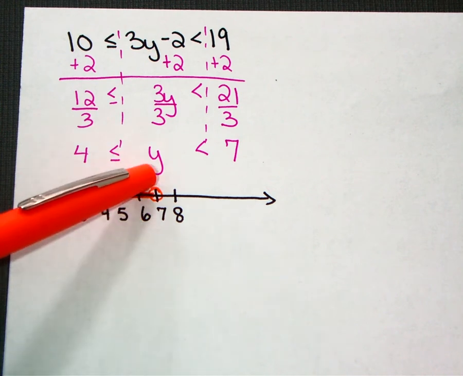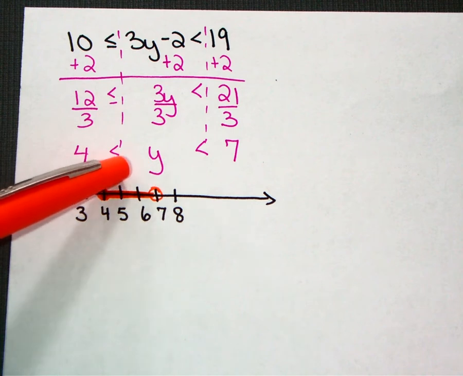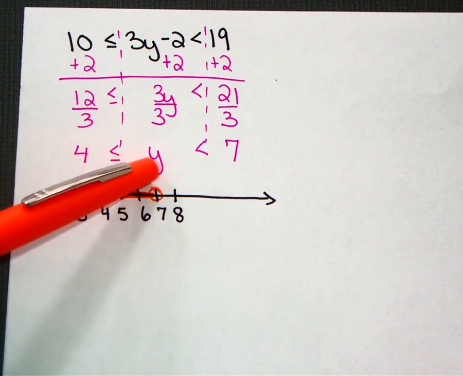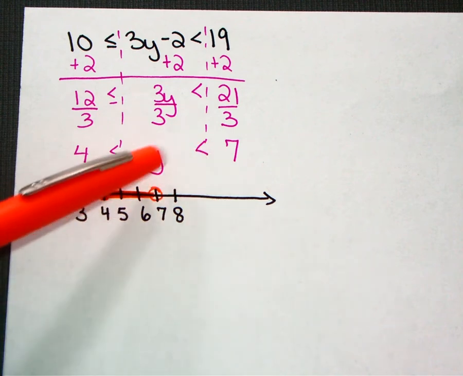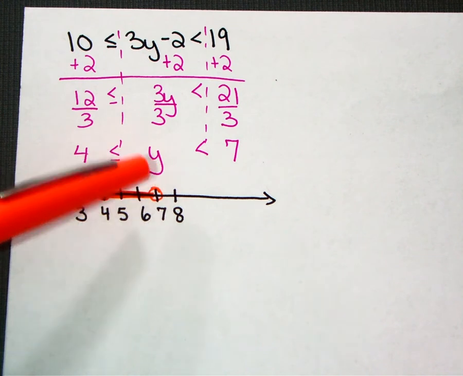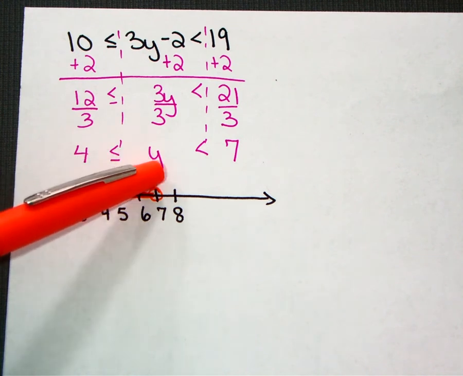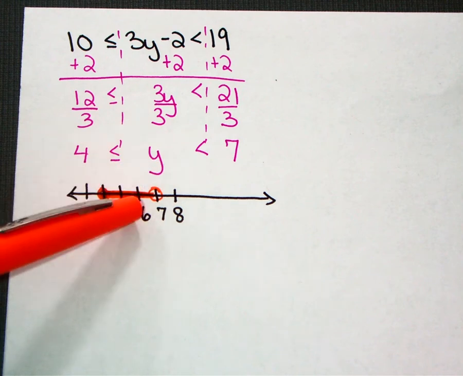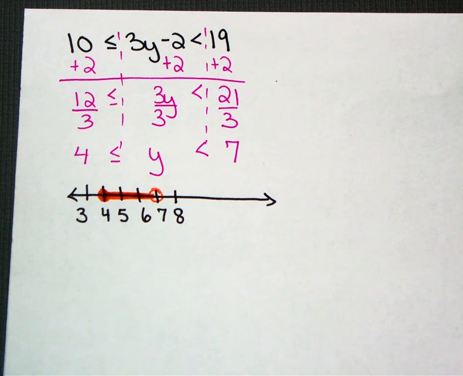Would you say that 5 is greater than 4 and also less than 7, making a true statement? Yes, 5 is greater than 4 and less than 7. So that means that shading in between works. If you were to get a solution set where the numbers in between don't make a true statement, shade according to what the solution set says.